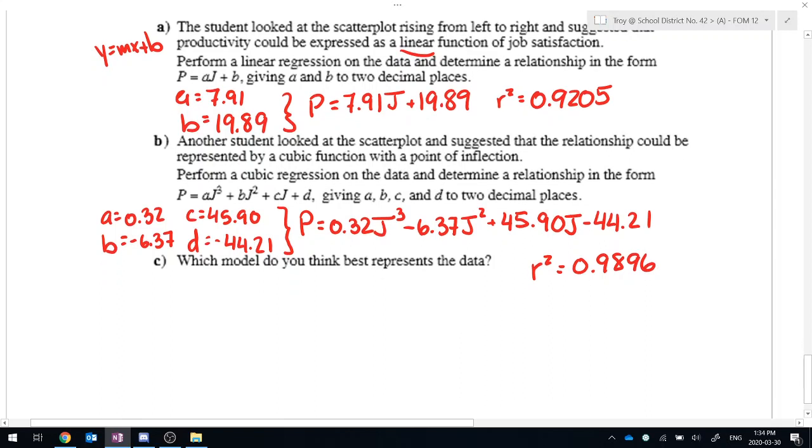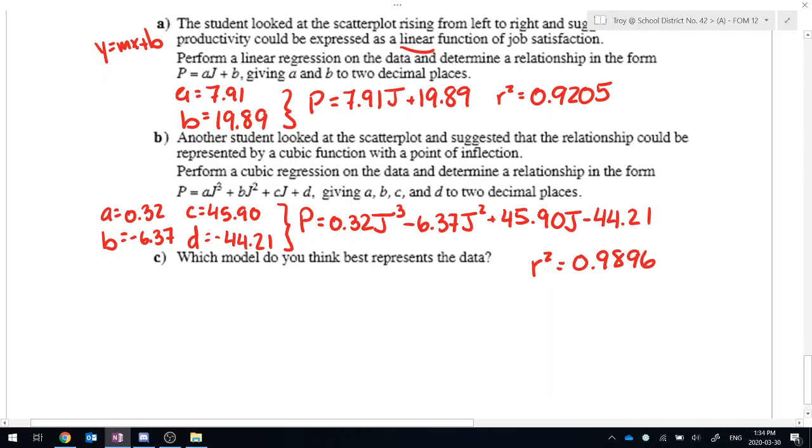All right, so this question concludes with a really good question. What model do you think best represents the data? So we talked about that already. That is strictly the purpose of the r squared value, to see how close the data fits to the lines that we have generated.